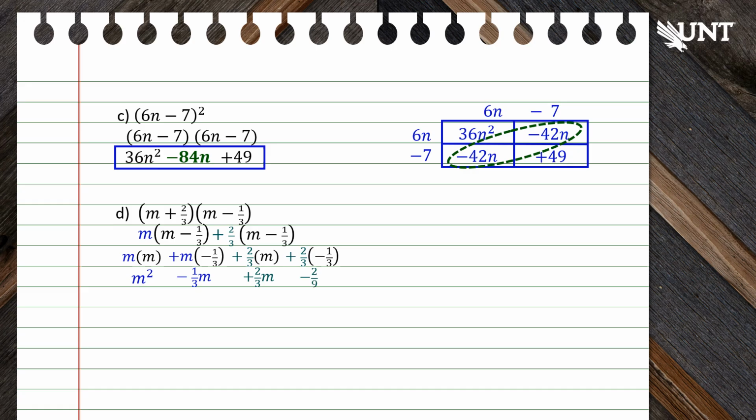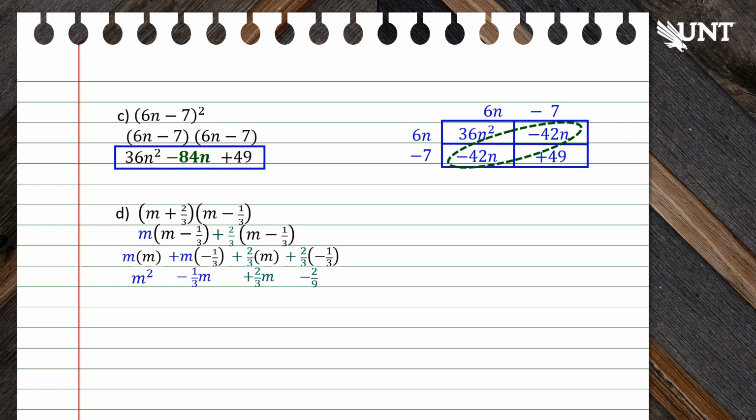Now, do we have any like terms? Yes. Notice the terms in the middle, negative 1/3 m plus 2/3 m. Now, in the case that these happen to be fractions, we have to remember our addition fraction rules. To add or subtract fractions, we must have a common denominator. Do we? Good news, we do.